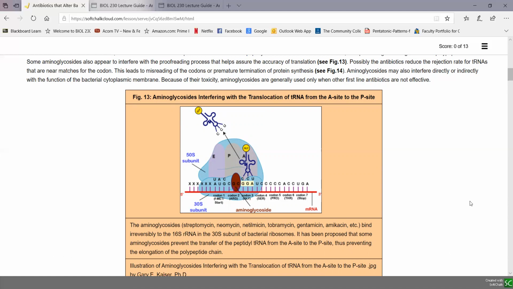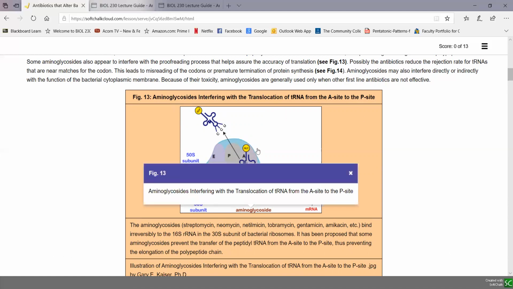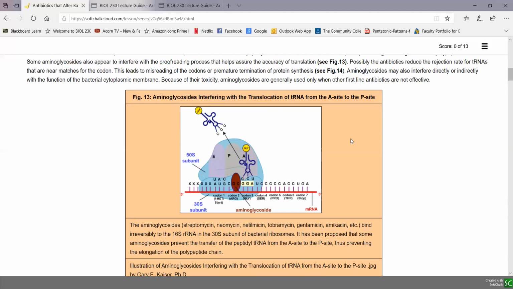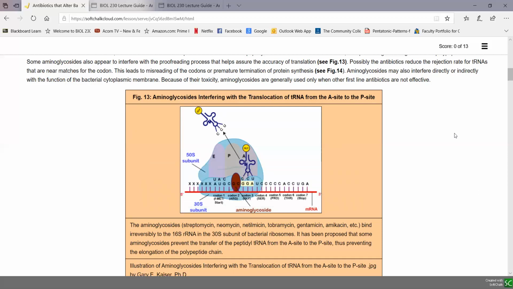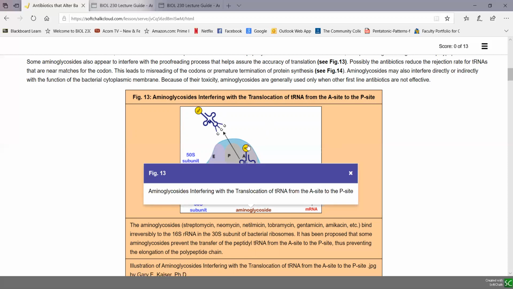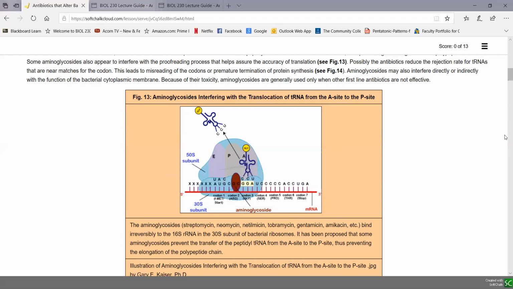Now remember, once the amino acids have been attached from the transfer RNA in the P site to the newest transfer RNA on the A site, that's called a peptidyl transfer RNA, then as the RNA moves down the ribosome, that causes the transfer RNA over here on the A site to move to the P site. And that opens up the A site so the next codon can be read. Well, we think the drug prevents the transfer RNA on the A site from ever moving to the P site. It basically gets knocked off the ribosome. And so that's going to prevent, again, protein synthesis.